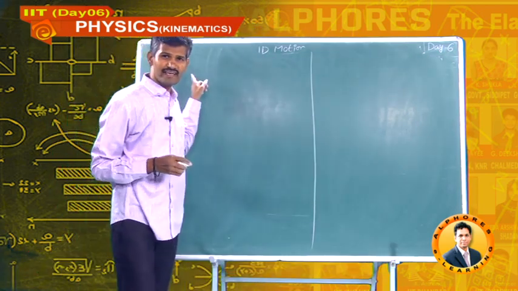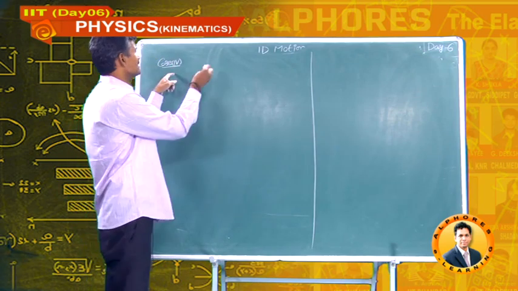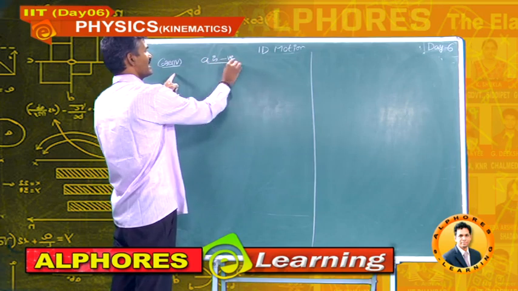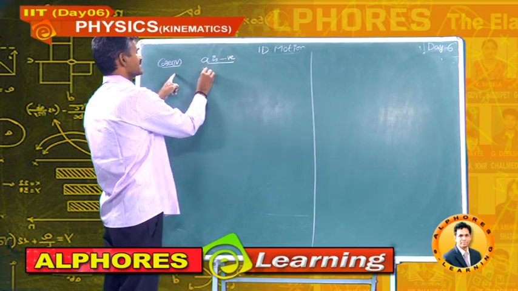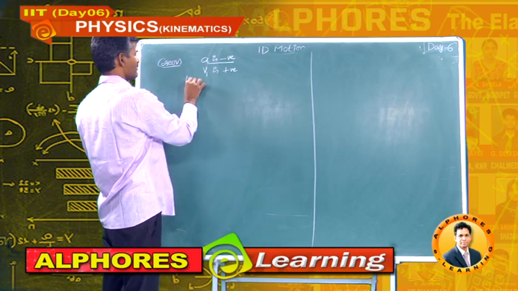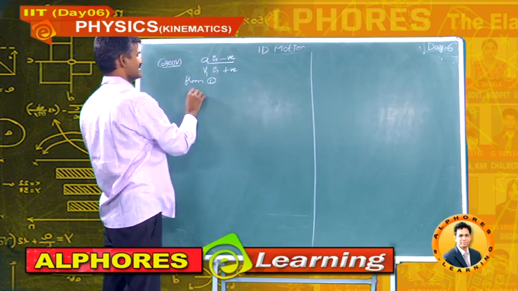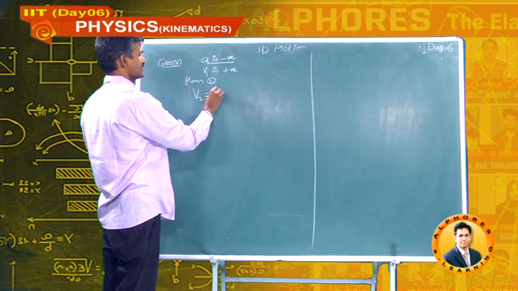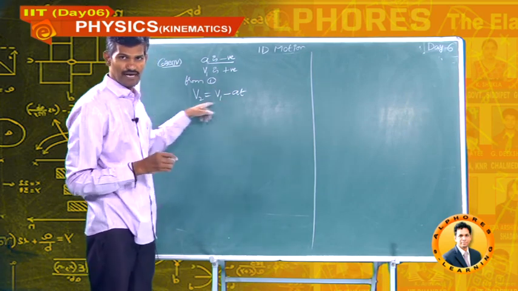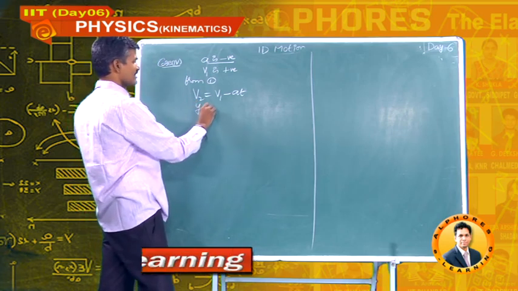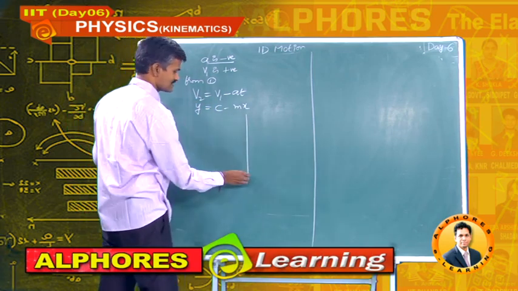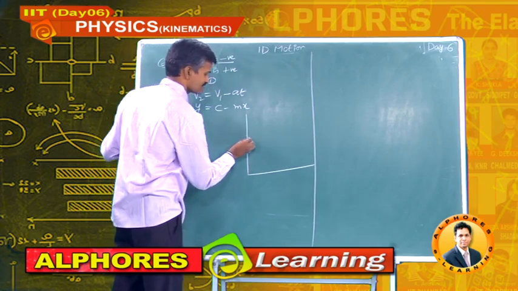Now I am considering case 4. In this case, acceleration is negative. This is my assumption. Velocity v1 is positive. Then from 1 I can write this v2 as v1 minus at. This equation is like y equal to some constant minus mx. In such cases, you can draw a graph like this.